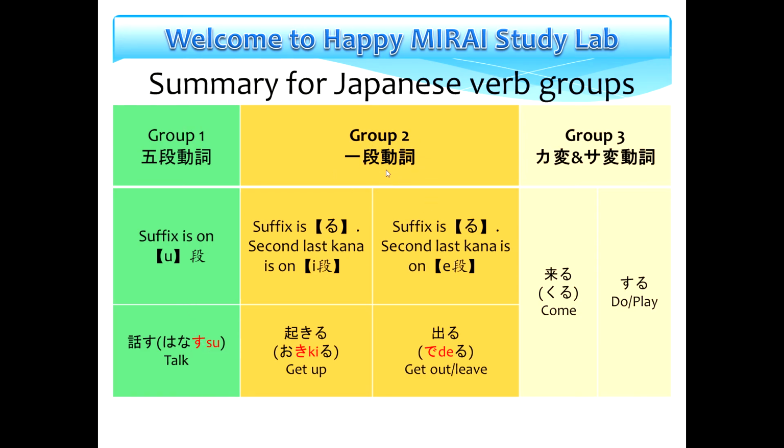And ichidan doshi, group 2, the suffix is ru, the second last kana in idan or edan. Okiru, get up. Deru, get out, leave. And then the very last one, the simple, straightforward one, group 3, kahen doshi and sahen doshi, referring to the words kuru, come, and suru, do, play.